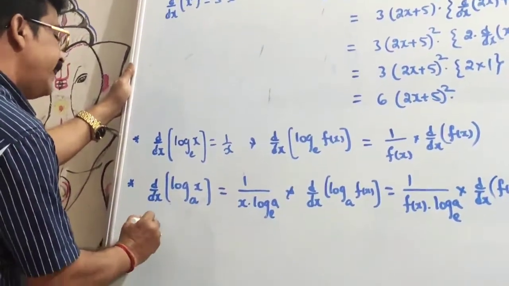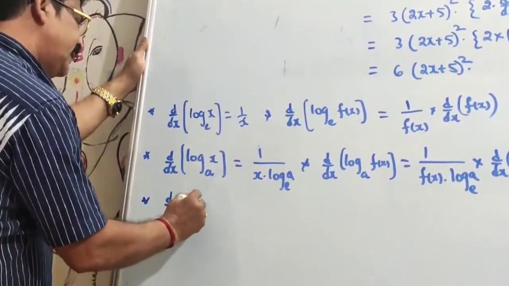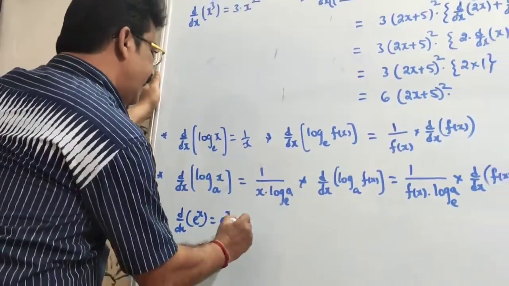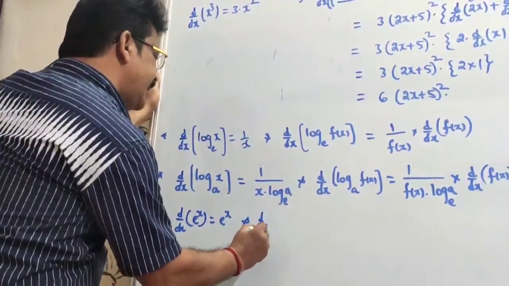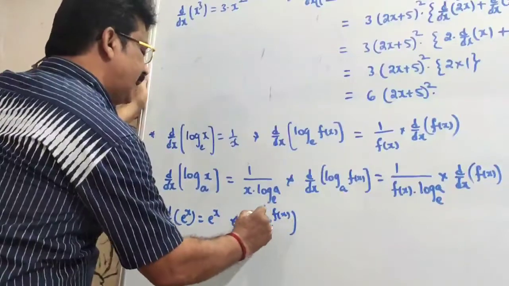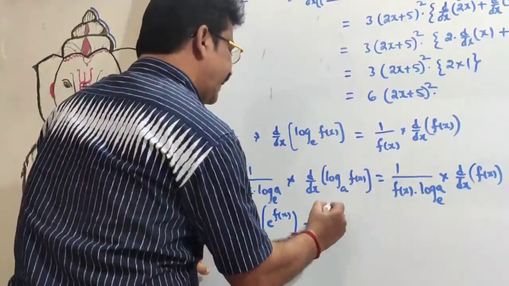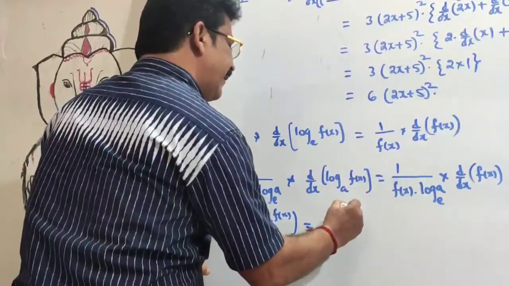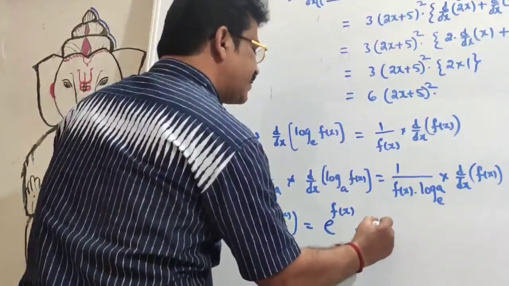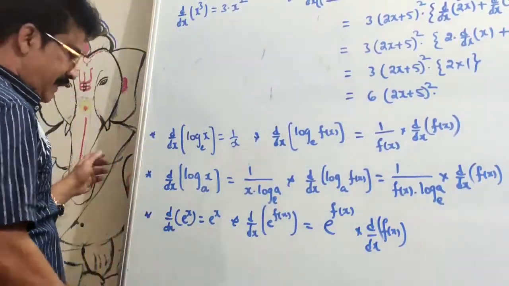Next, d by dx of e power x is what? Simple formula, same, e power x. And d by dx of e power f of x equals the same structure: e power f of x, into d by dx of f of x, or simply f dash of x.